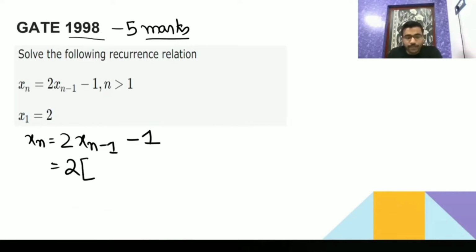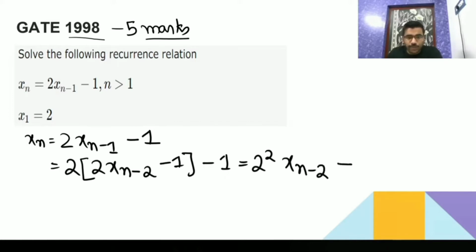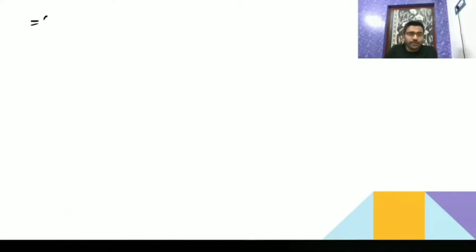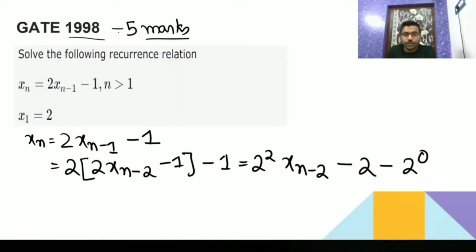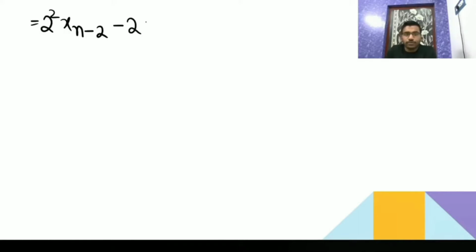So it will be 2 squared x_{n-2} minus 2 minus 1. 1 is there, no? We can write it as 2 to the power 0.